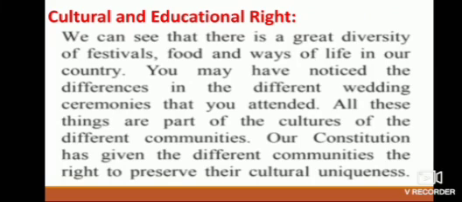Cultural and educational right. We can see that there is a great diversity of festivals, food, and ways of life in our country. You may have noticed the differences in the different wedding ceremonies that you attended. All these things are part of the cultures of the different communities.